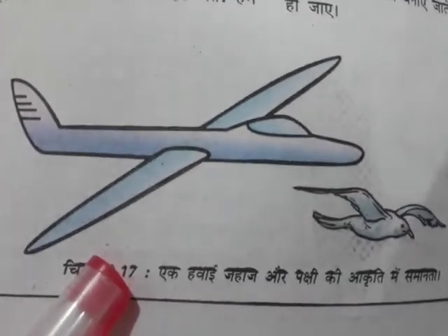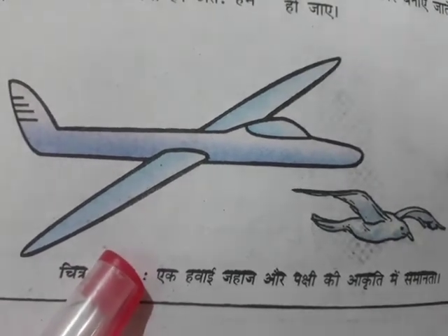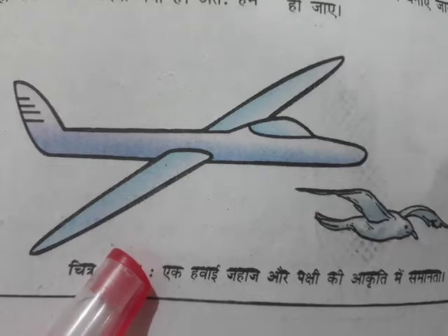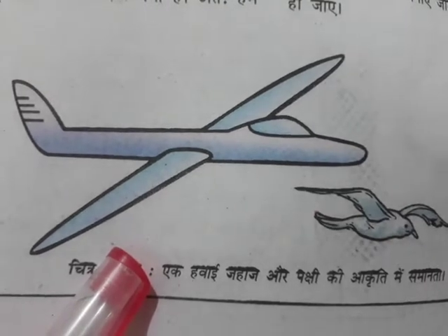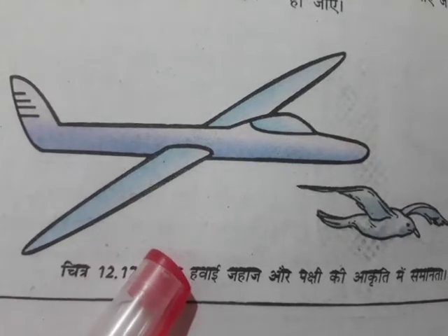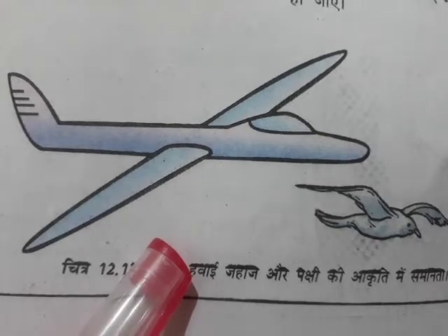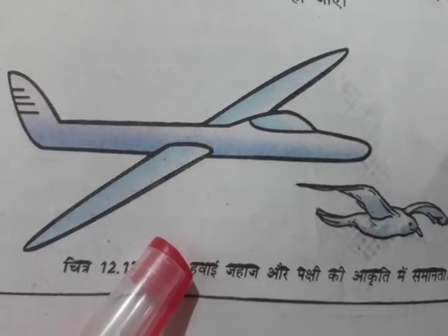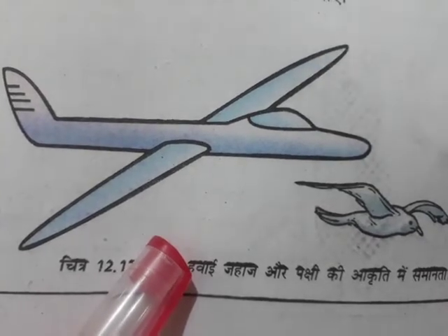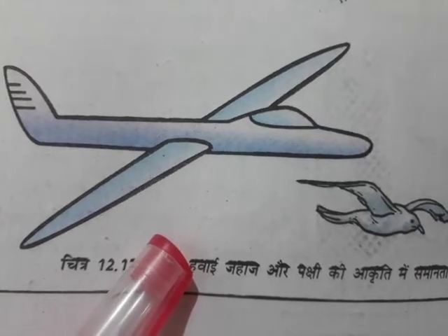Objects moving in fluid must have a special shape. When a body moves through a fluid, it experiences an opposing force which tries to oppose its motion through the fluid. This opposing force is known as the drag force or fluid force. This frictional force depends on the shape of the body.